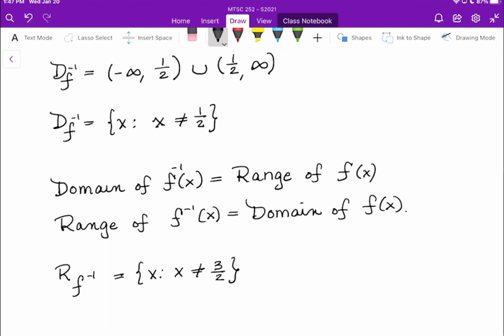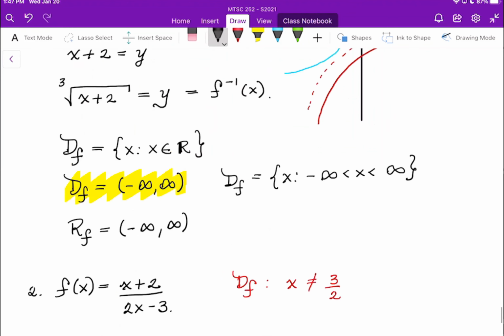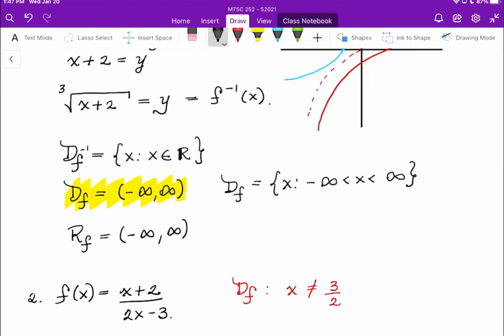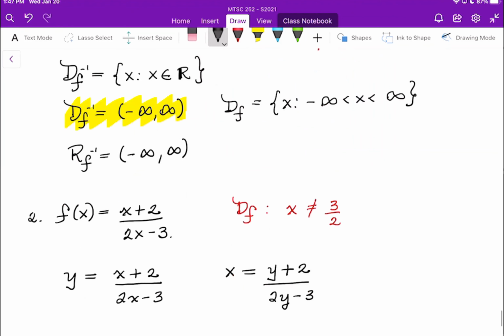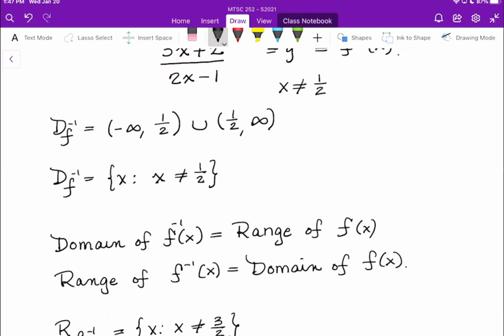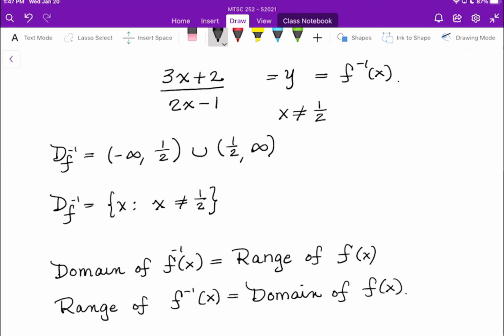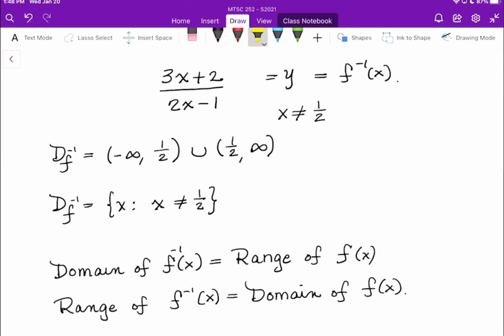Okay. Let me make sure I put inverses on these because that's what we were trying to find. Okay. So we looked at this function and we could easily see just by looking at it, x could not be 1/2. So that easily told us what the domain was.